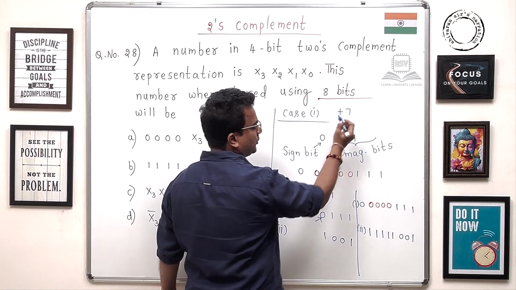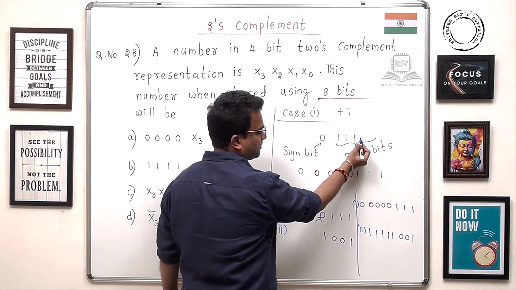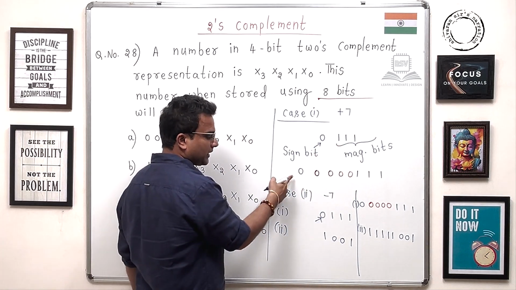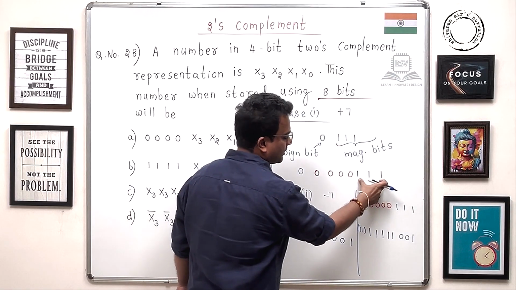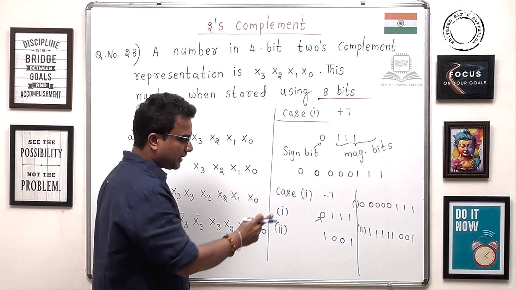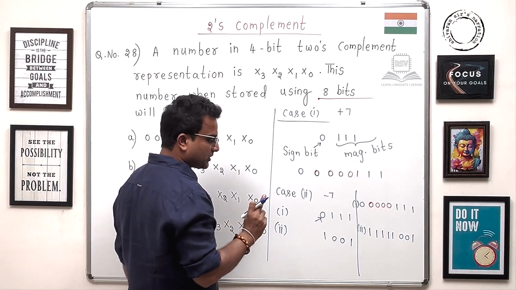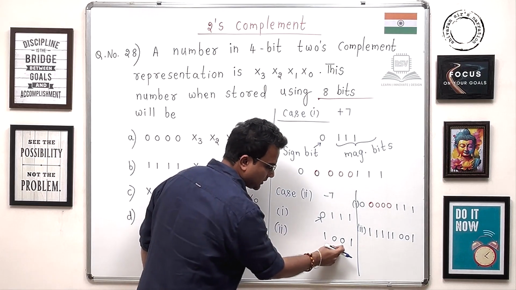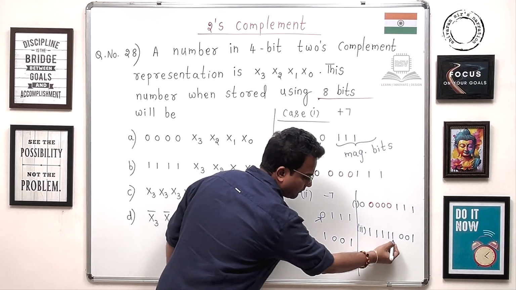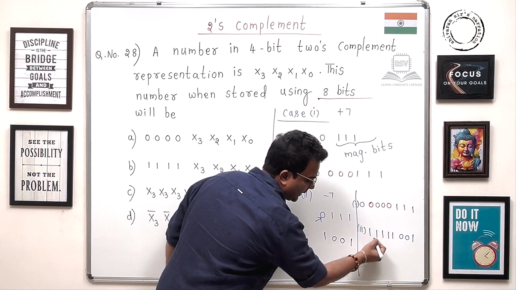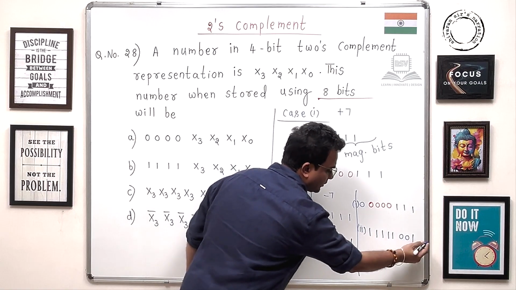Plus 7 using 4 bits is 0111. Using 8 bits is 5 zeros, 111. Similarly, minus 7 using 4 bits is 1001. Using 8 bits it is 5 ones, 001.